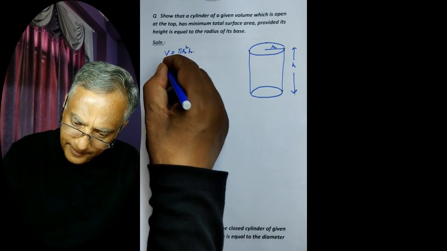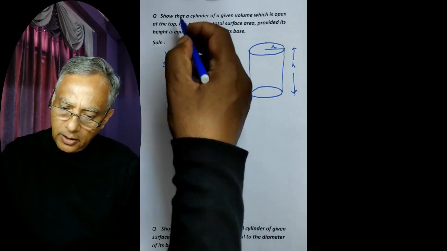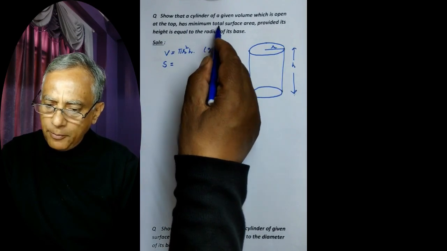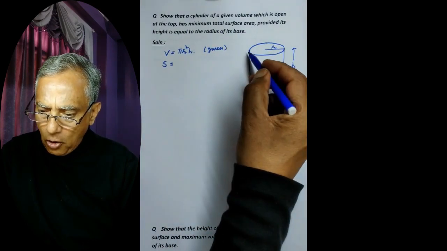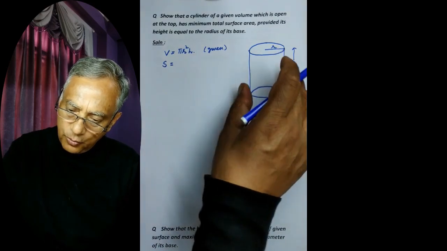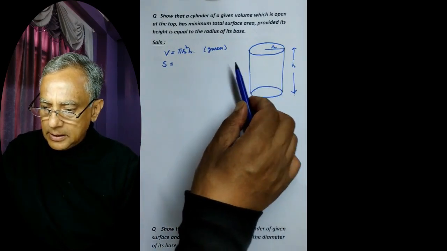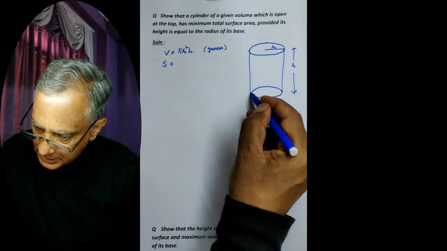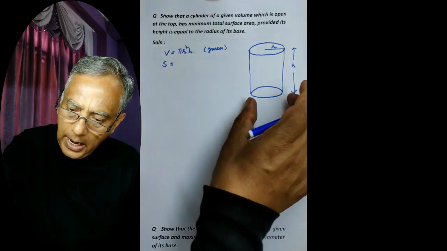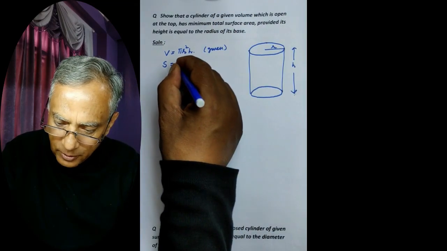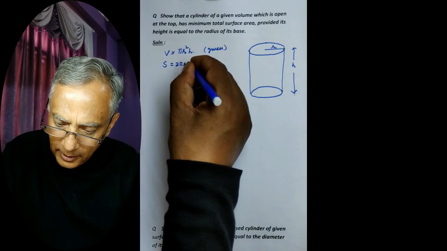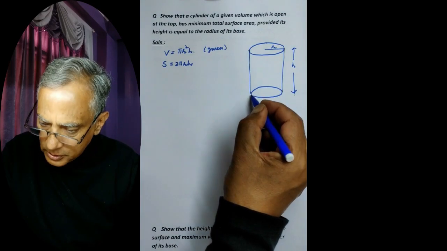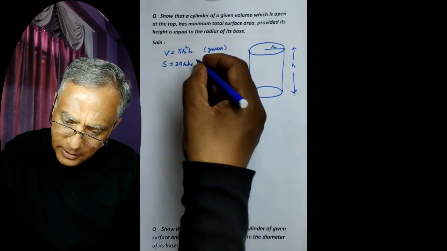And surface area, show that a cylinder of given volume, this is given, which is open at the top, has minimum total surface area. This is open at the top. Therefore, surface area of the remaining portion will be, surface area of this circumference will be 2 pi R. 2 pi R is the circumference of this circle. 2 pi R into H will be the surface area. 2 pi R into H is the surface area of this curved portion, plus surface area of this circle will be pi R square.